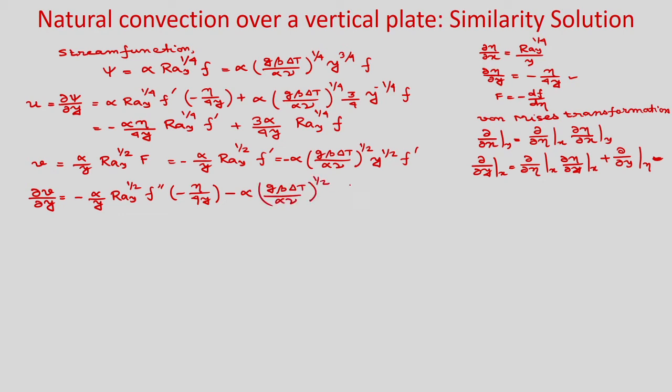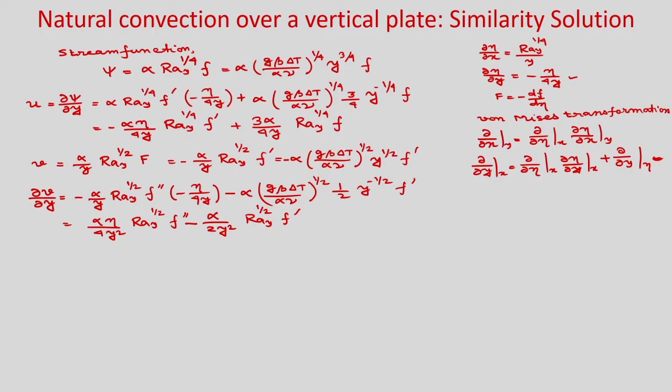Now, if you take the derivative of y, it will be half y to the power minus half f prime. And if you rearrange it, you will get alpha eta by 4 y square Rayleigh number to the power half f double prime minus alpha by 2 y square Rayleigh number to the power half f prime.